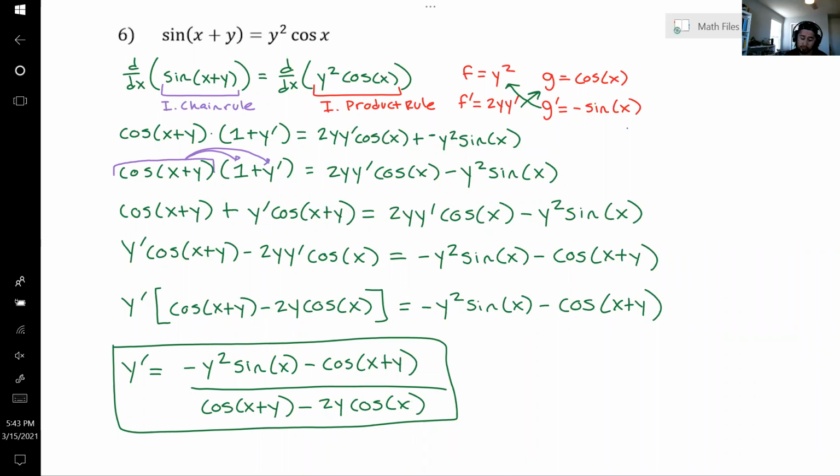Yeah, you may run into one such, let's say if it was x plus y equaled x plus y to the 1/2, then you can get an equation like this, but remember, all you have to do is solve for y prime.